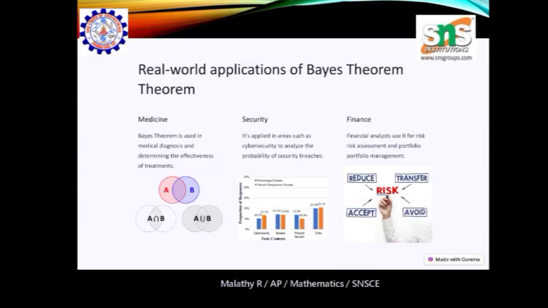Real world applications of Bayes are in the medicine field, in security, in finance. Already we have discussed how Bayes works in medicine and in finance. In the same way in security, it is applied in areas such as cyber security to analyze the probability of security breaches.